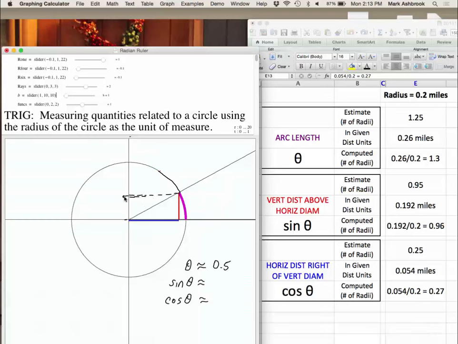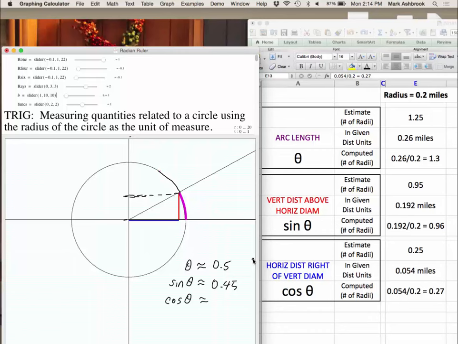What fraction of a radius is that right there? What would you estimate? A little bit less than a half, right? That distance is not quite half a radius length. So what do we say? 0.45 or something like that. Halfway between 0.4 and 0.5.